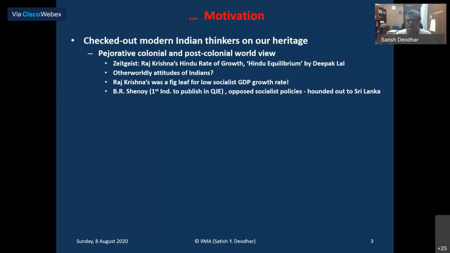In the second 5-year plan, he gave a dissent note, saying that no, we don't want socialistic planning, we should leave most things to the market, that's the way to go forward. But then he was hounded out to Sri Lanka. He worked for some years in Wadia College, Pune, for some years in Gujarat University here in Ahmedabad, and finally he had to go to Sri Lanka to find a job. Imagine how much tolerance there was for capitalist ideas at that time.